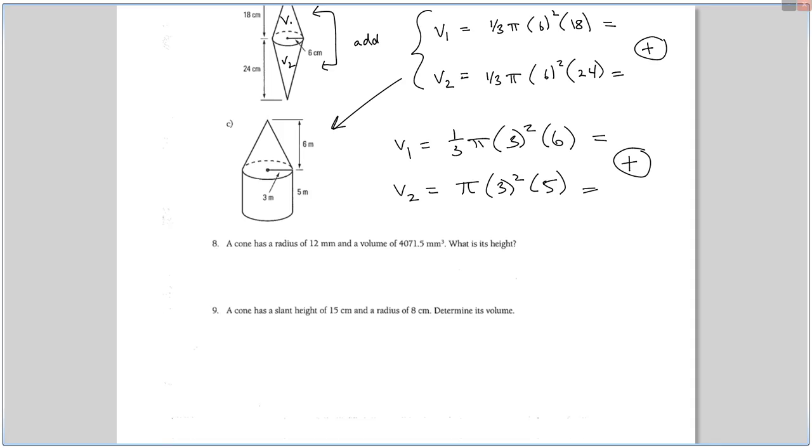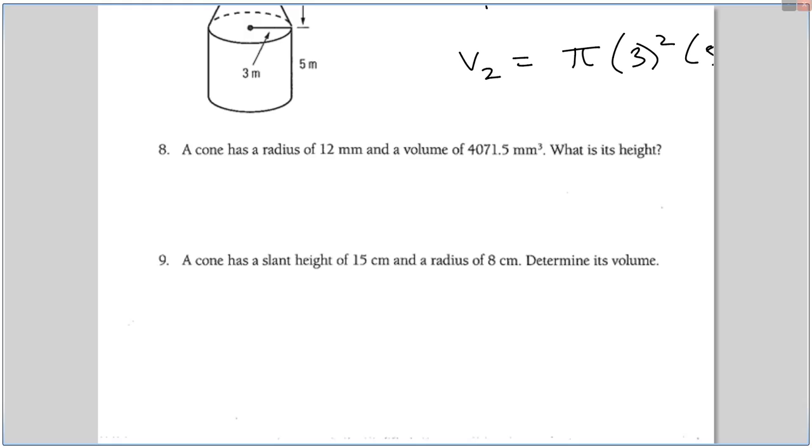All right, number 8. This is an algebra question. When they ask you to solve for one of the dimensions, like height. So with this question, identify what shape they've given you, cone, and they've given you volume. So right away, you know which formula to write down. 1/3 pi r squared h.